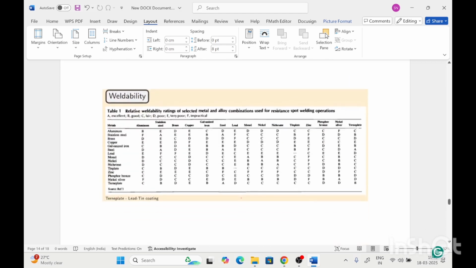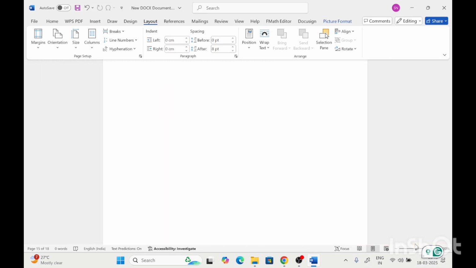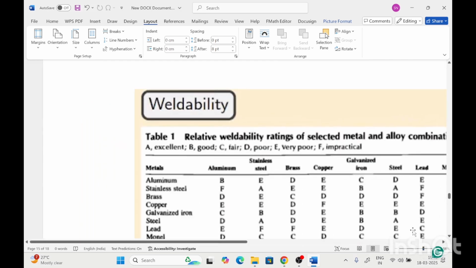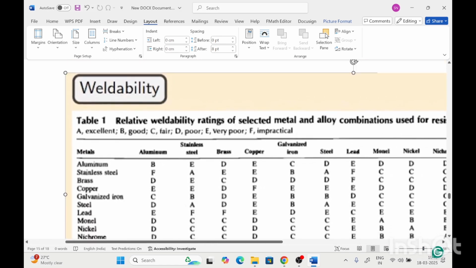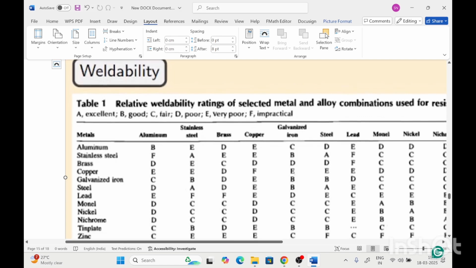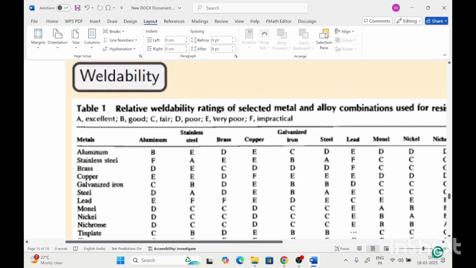Next, the weldability is shown. Can you see it, or is it not visible? Yes, ma'am, I can see it. This table is given for different materials welding, where dissimilar metals are welded by spot welding. The ranking according to the welding joint created is given.